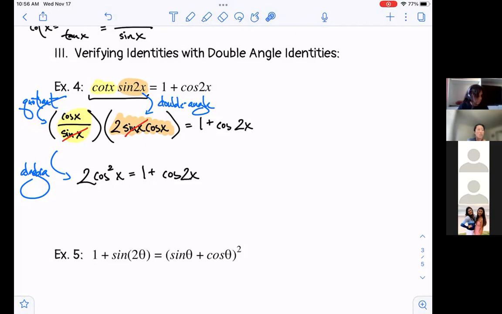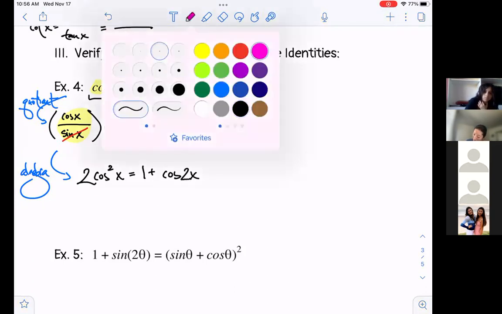Let me ask that question one more time. How many of the 3 choices we have for the cosine double angle have a cosine squared in it? 2 of them, okay?